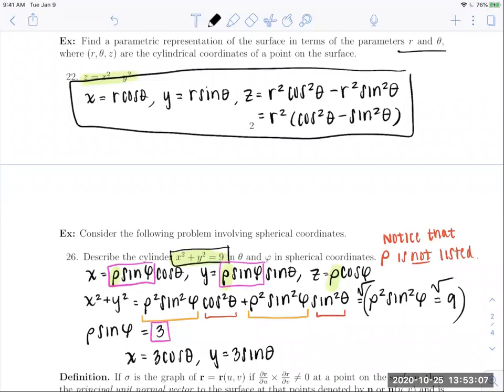And now we look up at our z equation and we don't have a rho sine phi, we have a rho cosine phi. So I'm going to solve for rho here. Rho equals 3 over sine phi, assuming sine phi is non-zero.